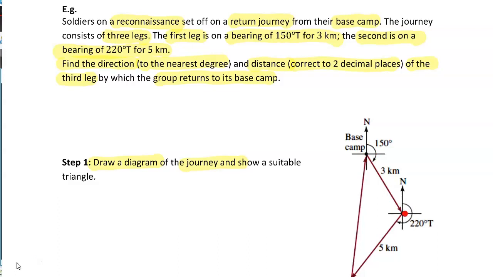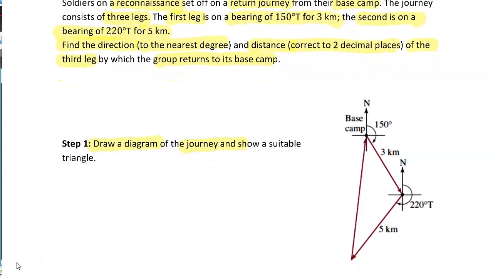Then from that point, we went 220 degrees true for 5 kilometers. So 220 degrees true is around like here. So we've got north there, measuring around, so it's roughly there. And then I put my line for 5 kilometers.